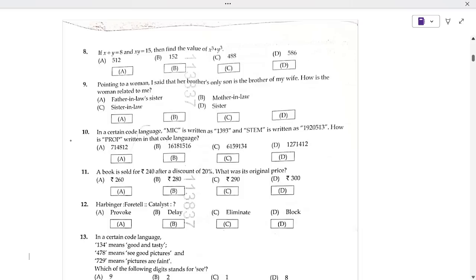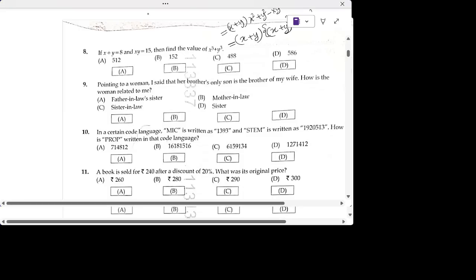The formula for x cube plus y cube is x plus y times x square plus y square minus xy. Just give me a minute.